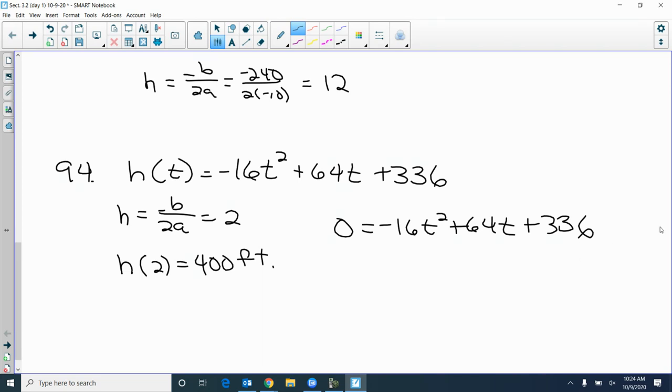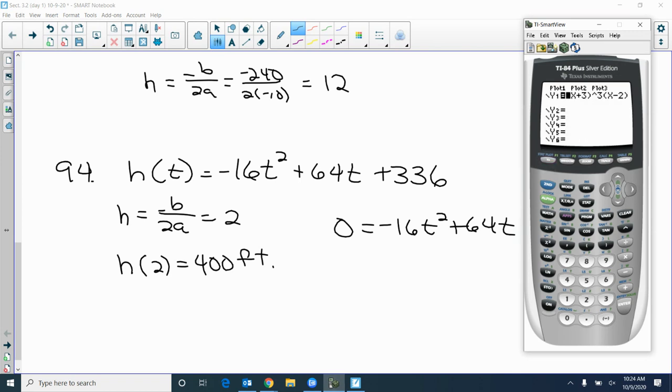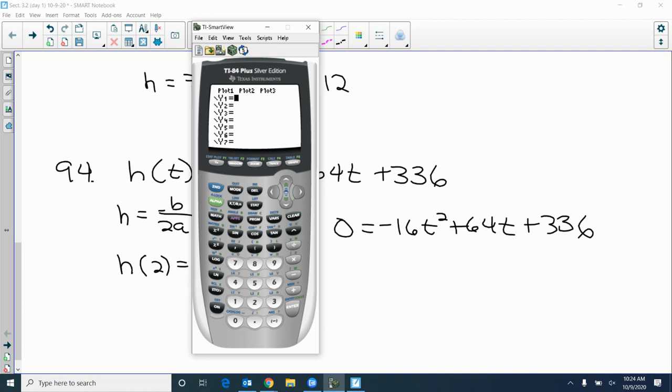Let me graph this real quick. I can do it here. Let's see. Y equals negative 16 t squared plus 64 plus 330. Oh, what did I miss?